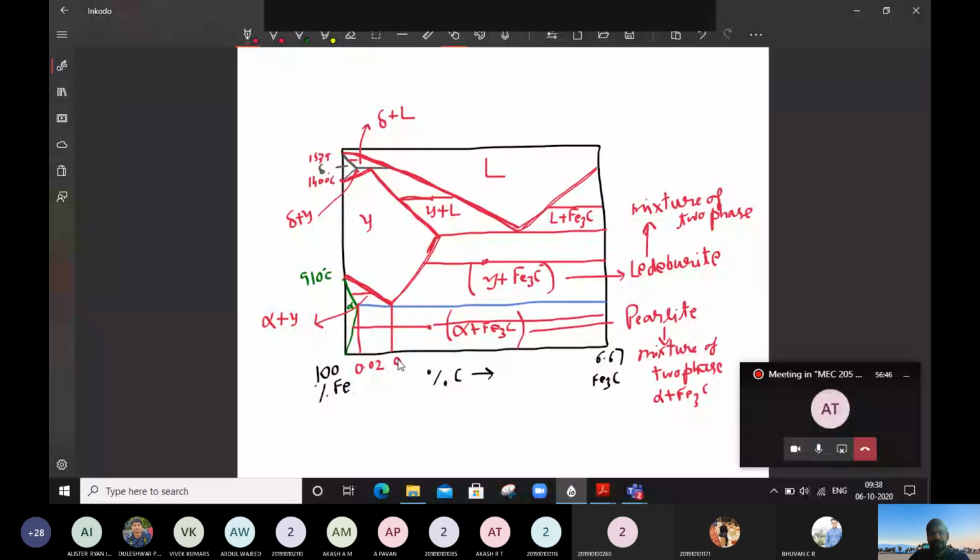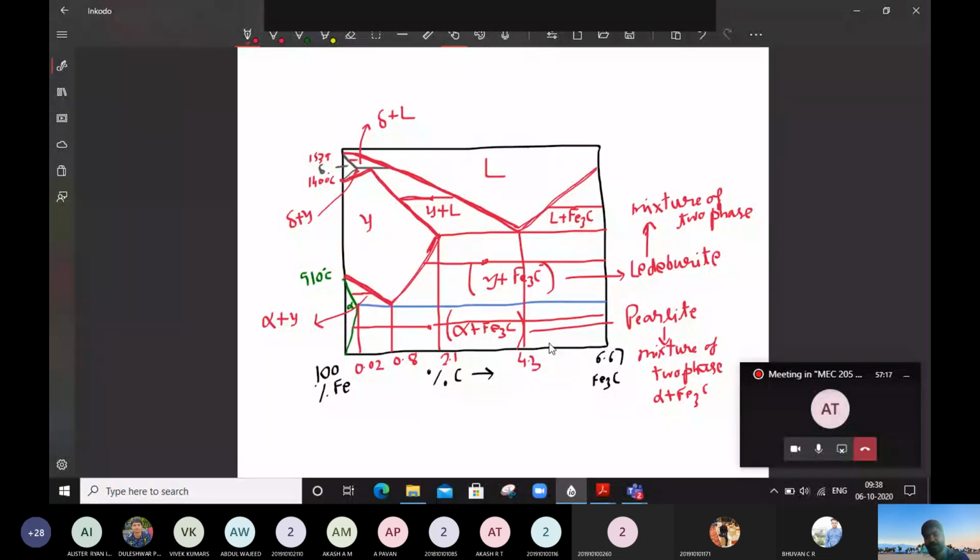Here, this is 0.8. This is 2.1. This composition is 2.1. You should remember all this, okay? 2.1, and this is 4.3.